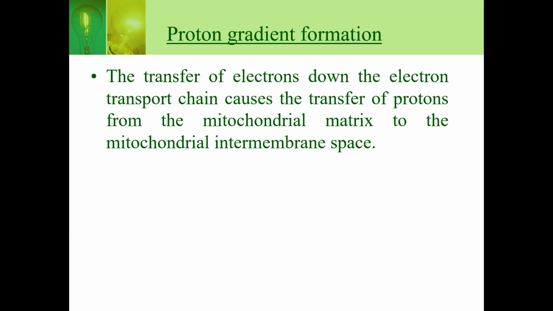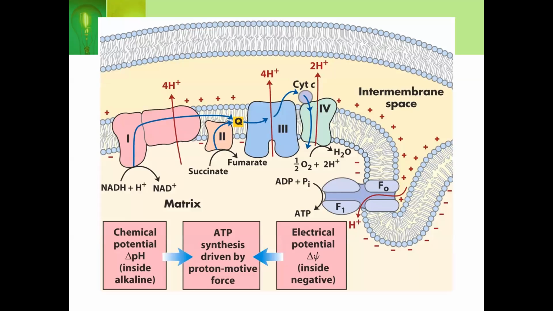This gives you a proton gradient on either side of the inner mitochondrial membrane. The inner mitochondrial membrane is impervious to protons. Therefore, you have the potential to do work. So thermodynamically, we have a concentration disparity. We also have a pH disparity, and we have a charge disparity. This potential to do work is called a proton motive force.